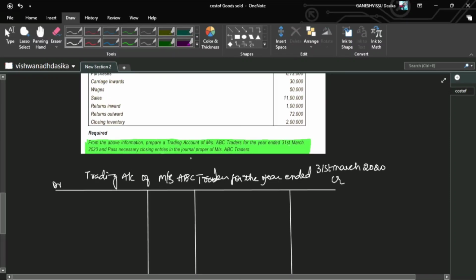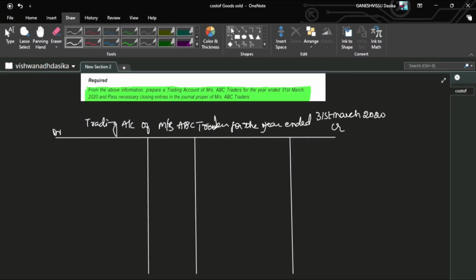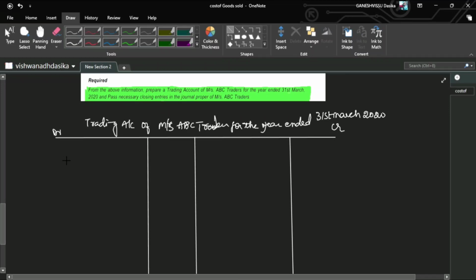This is the pro forma which we are going to prepare here. I am now writing the heading also. For the first time we are going to write the headings, and for the latter cases no need of headings, but in examination we have to mention the headings also.